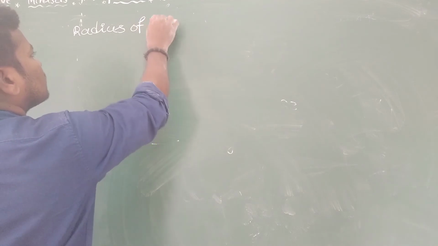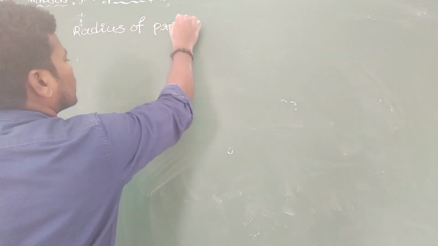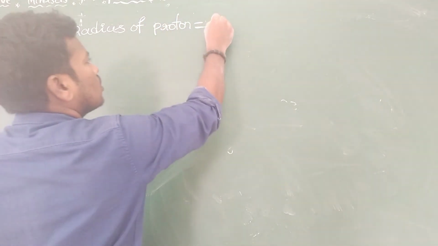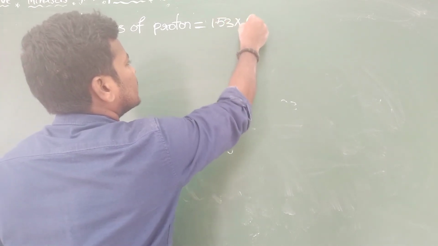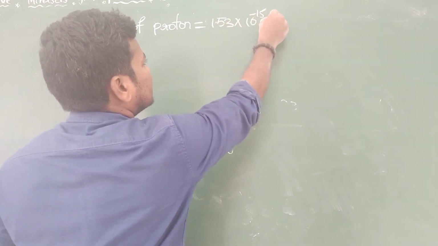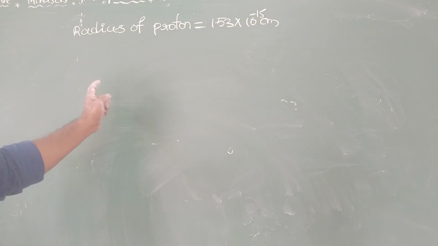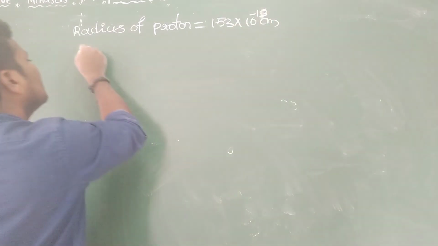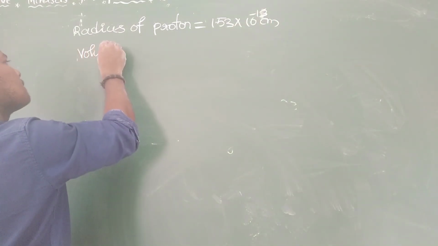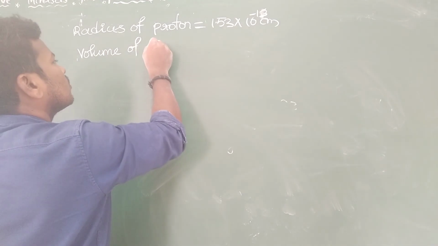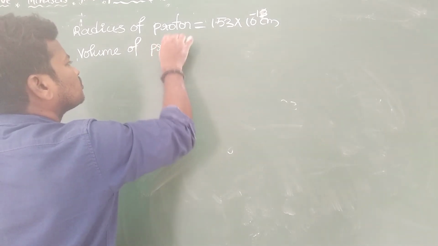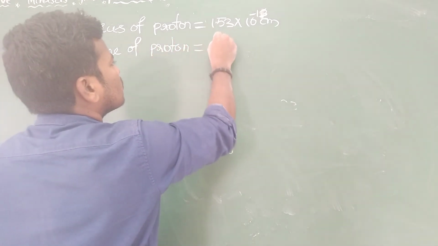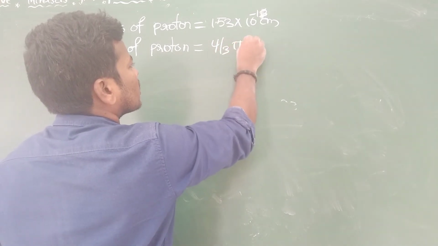Radius of the proton is equal to 1.53 into 10 to the power of minus 13 centimeters. So volume of the proton is equal to 4 by 3 pi r cube.